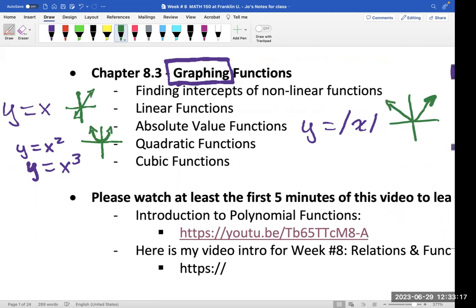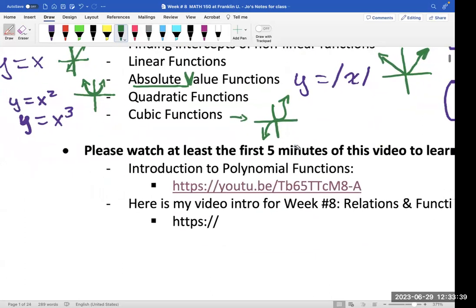And so we find all of our absolute value functions actually make a V when we graph them. And then our cubic functions, they're degree 3, and they have a squiggle here, and they'll look something in general like that. In future classes, you'll study end behavior, where the arrows are heading off.